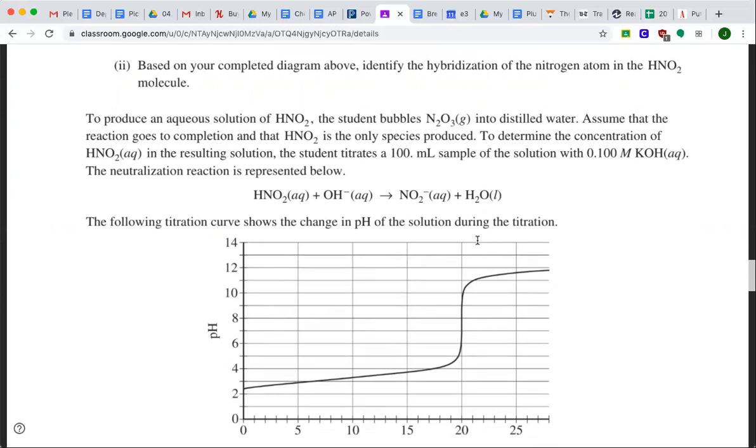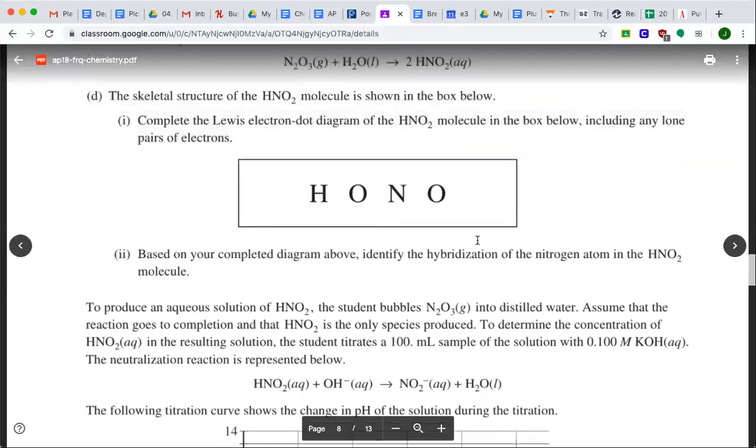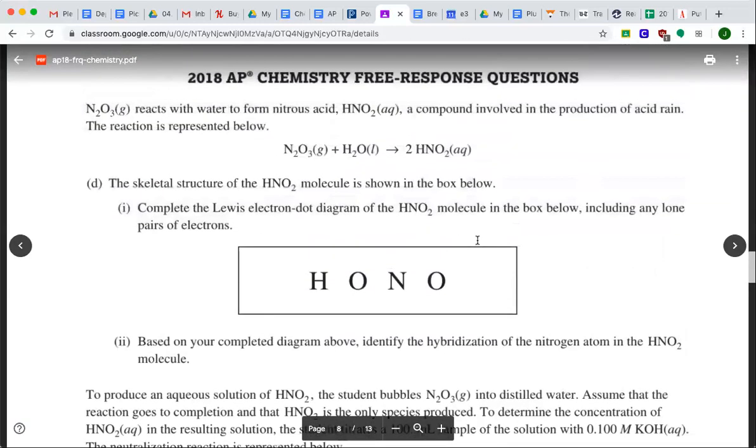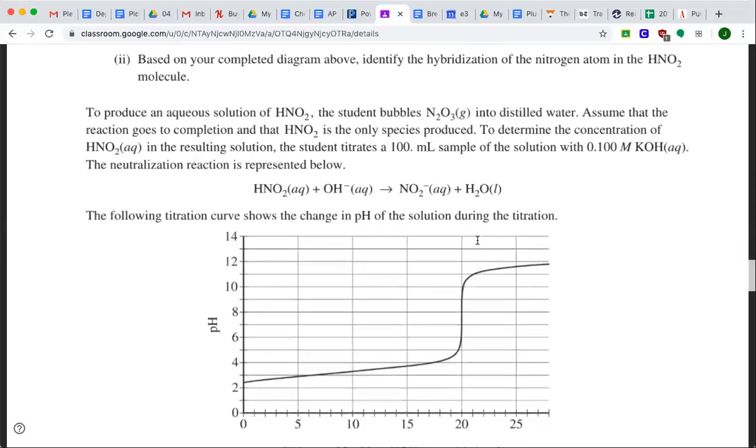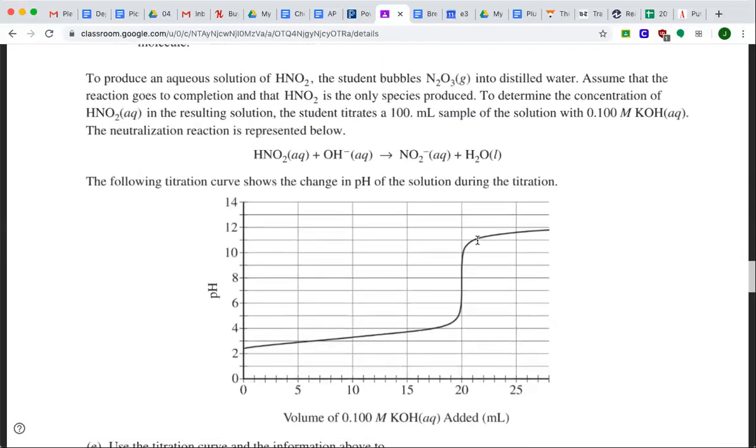Okay, so one thing you have to remember here is that nitrous acid is a strong acid. Okay, so nitrous acid is a strong acid, and so our equivalence point is going to be roughly right at a pH of 7 here.